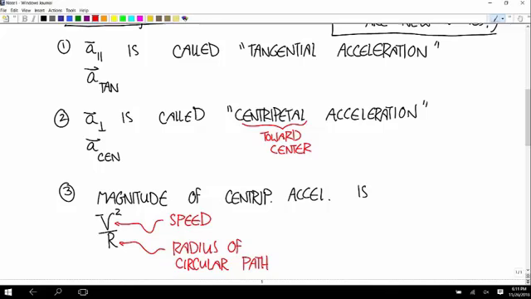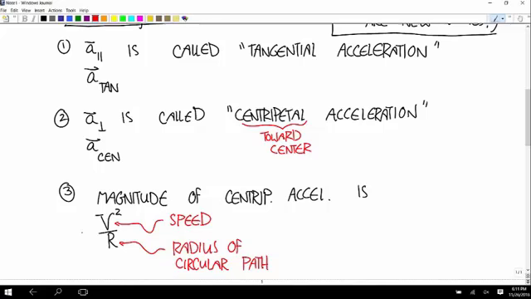And you can see how that's really useful. If you know the speed that the object's moving and you know the size of the circle of the path that it's following, you can use this to calculate that perpendicular part of the acceleration, and then you can use that to calculate some other variable.